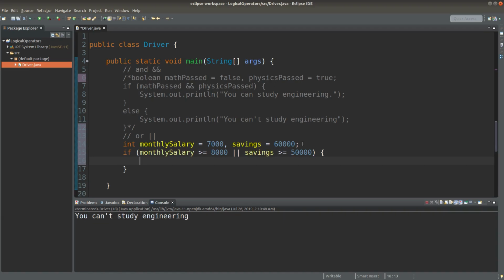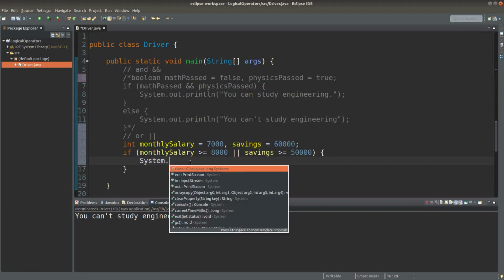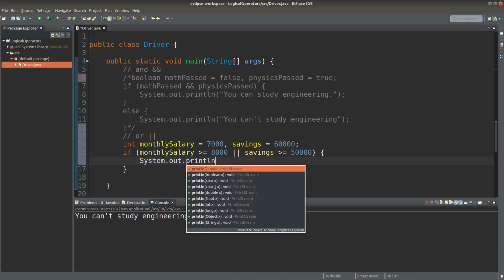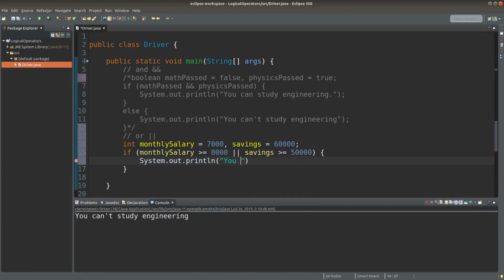If my monthly salary is larger than or equal to 8,000, or the savings is larger than or equal to 50,000, I can do something like this.